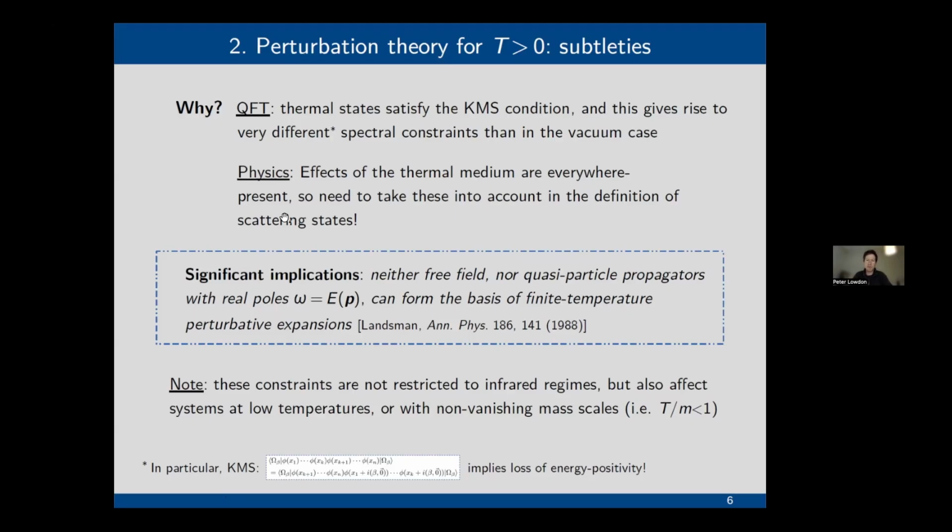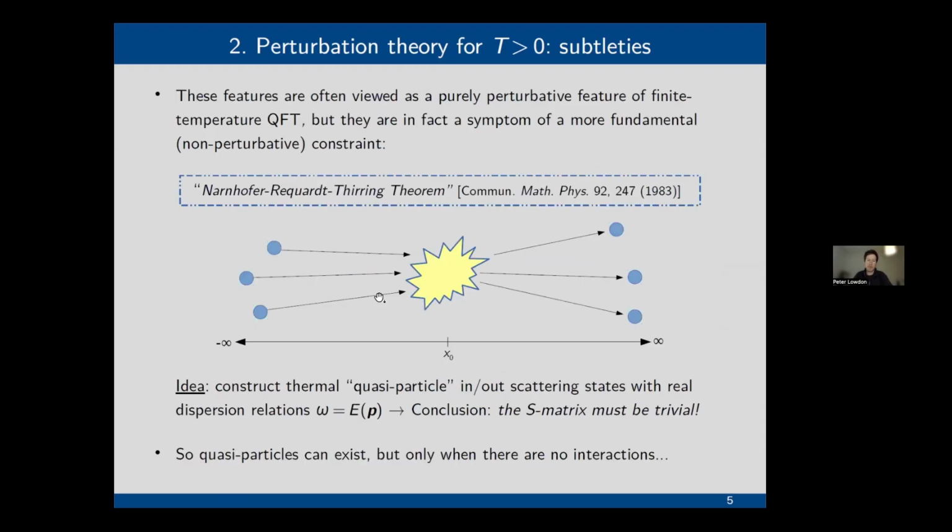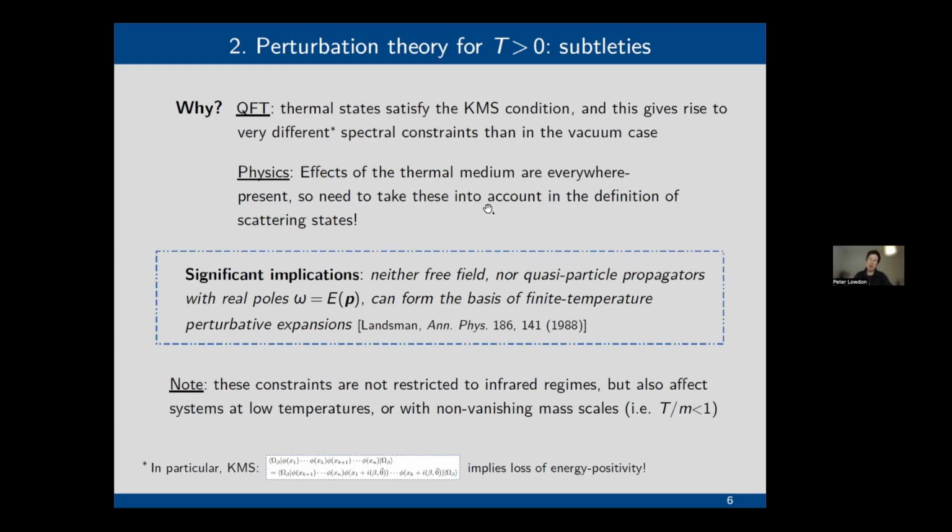So what's the physics? So why can't you have these real dispersion relations for your scattering states? And the reason for that is basically because thermal effects are everywhere, even at large times. So you always have to take these into account, also in the definition of your scattering states. And when you do that, what you find, and we'll discuss this later on in the slides, is that your spectral functions that would be deltas before now become broadened because of the temperature.